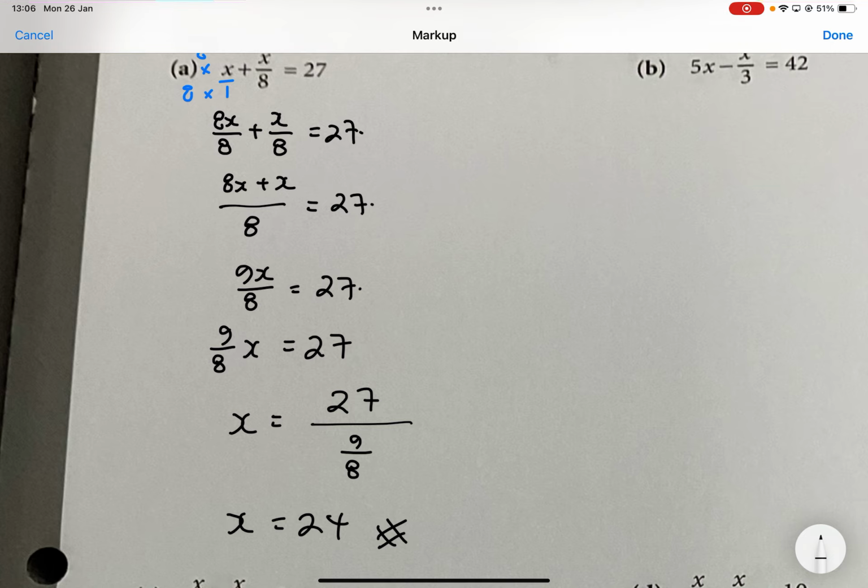Whatever x is, I divide. Then I will become 1x. 9 over 8 divided by 9 over 8 surely becomes 1. Then 27 divided by 9 over 8, I can press the calculator.